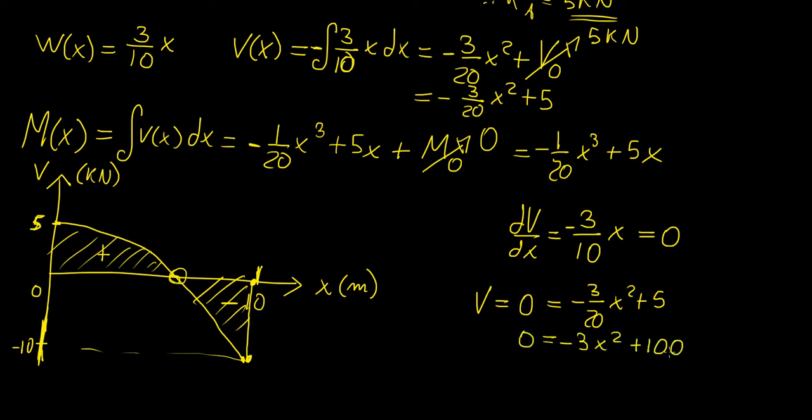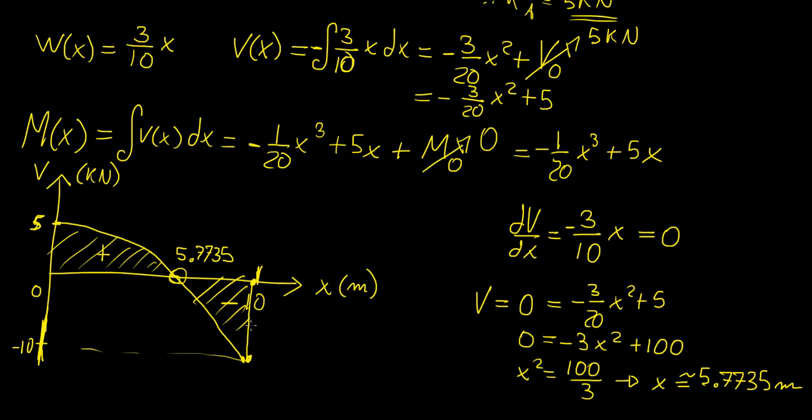And then we can multiply both sides by negative, and then we have x squared equals 100 divided by 3, which implies that x is going to be equal to the square root of this. So 100 divided by 3, which is about 5.7735 meters. Okay, so that's going to be the point at which it crosses the x-axis.